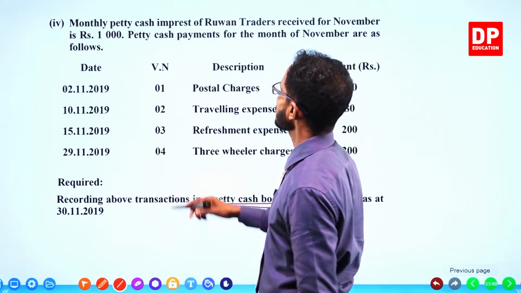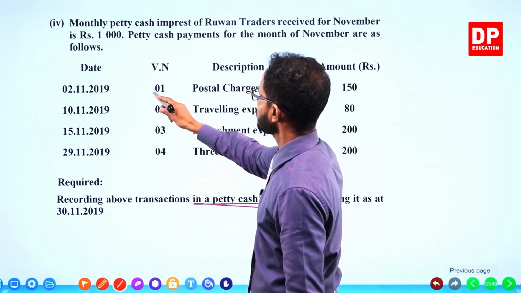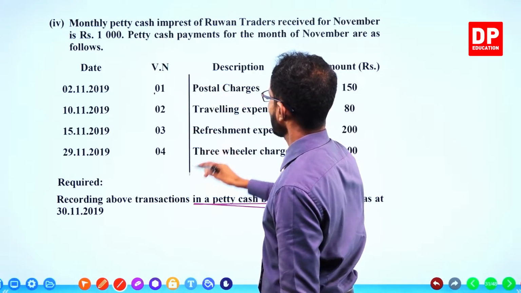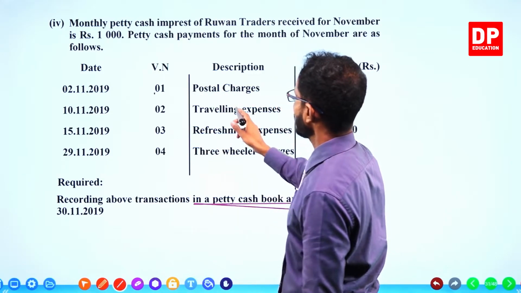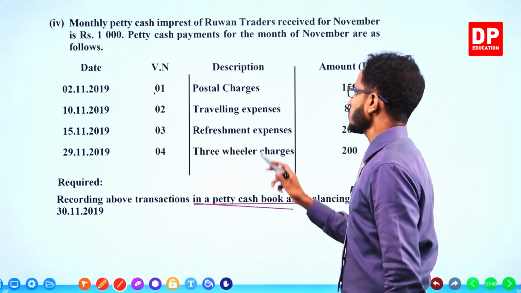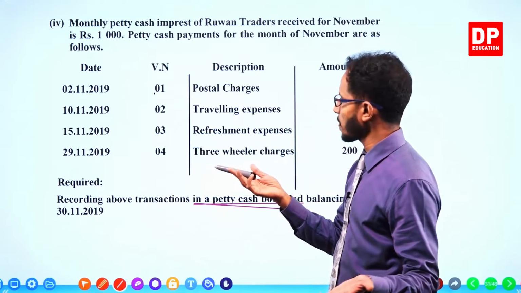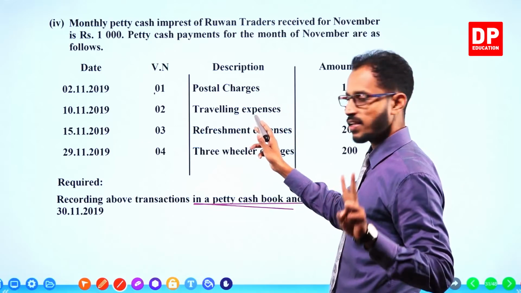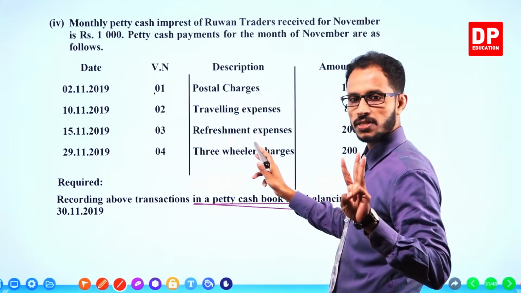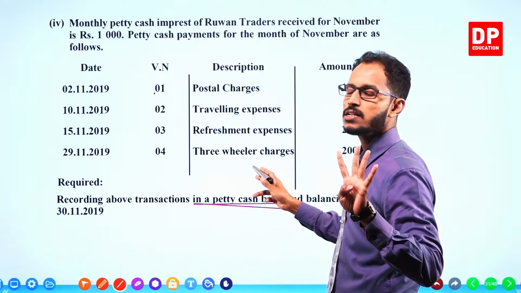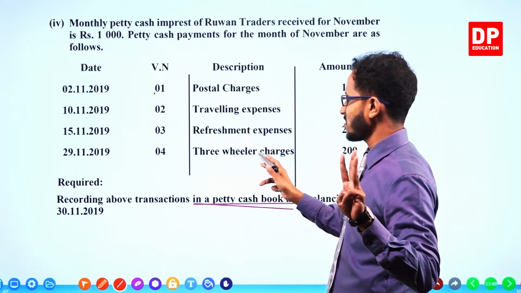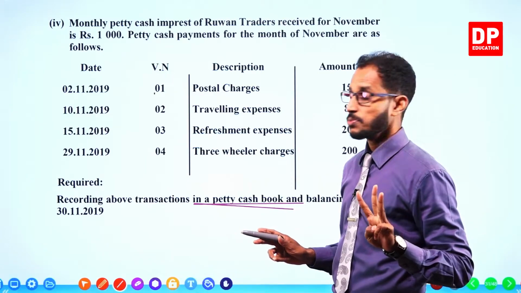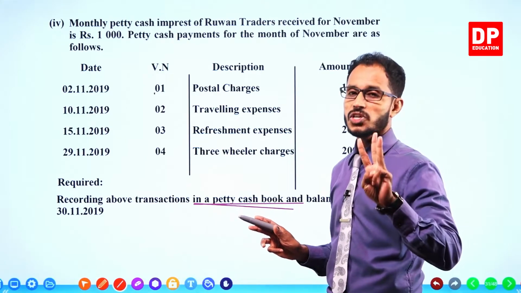Analysis. We have postal, traveling, refreshments, and three-wheeler. Three-wheeler charges can go to traveling. So we need postal, traveling, and refreshments with the ledger account column.